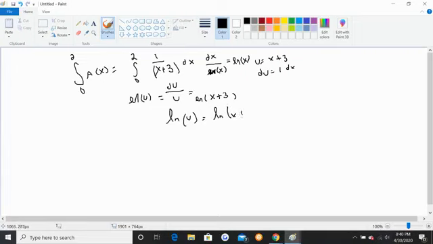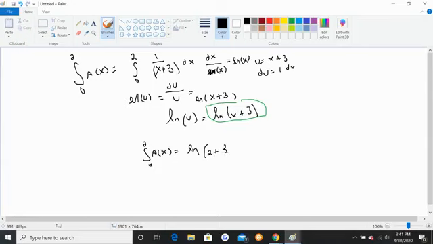Sorry if I confused you guys on that. You can always ask me questions, but this will be our antiderivative. And now we want to do the same thing, right? We want to get our definite integral. So we want to get ln of 2 plus 3, right?